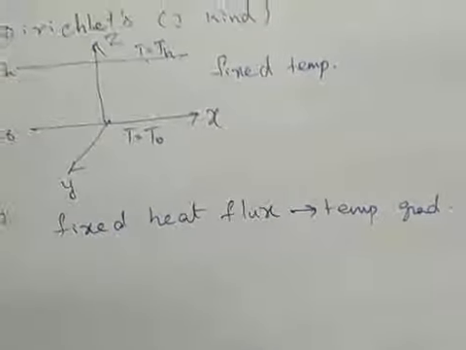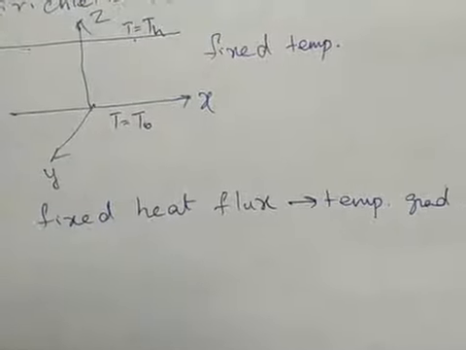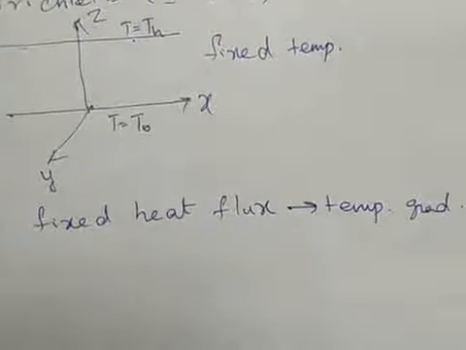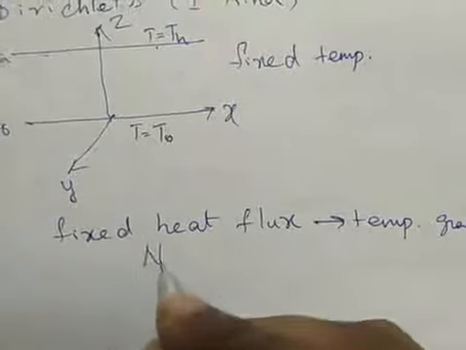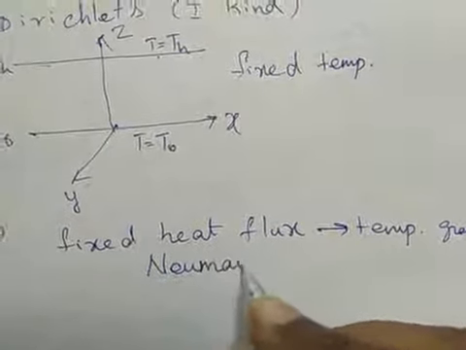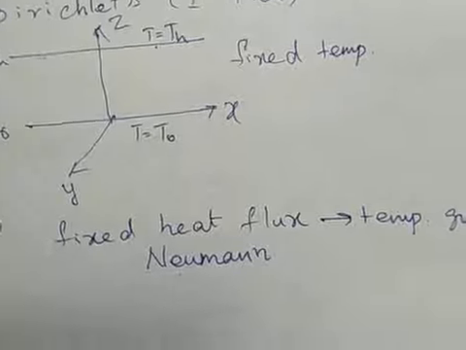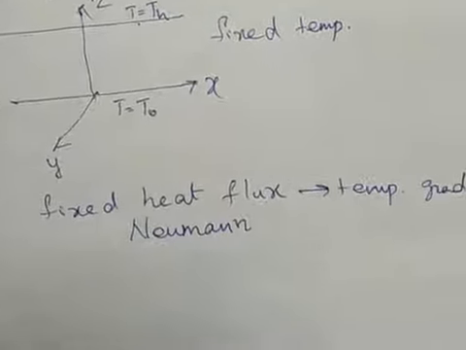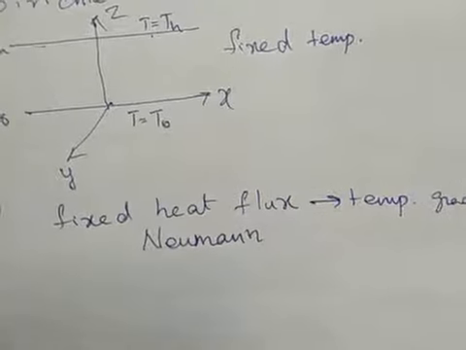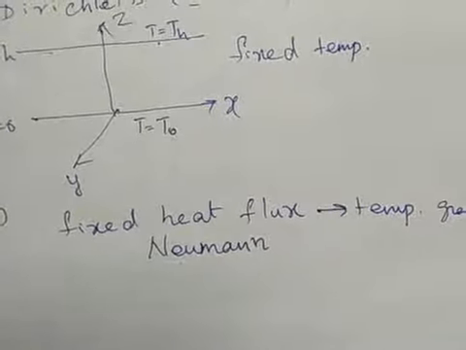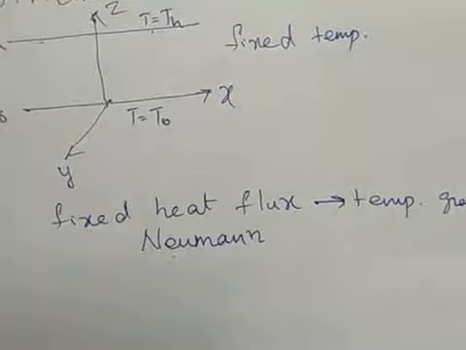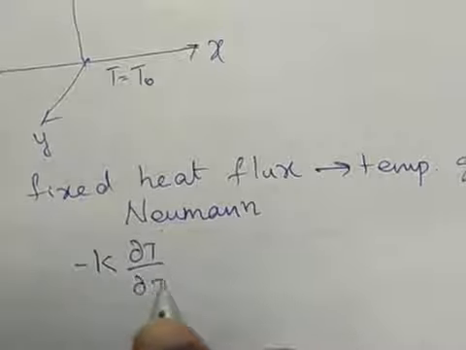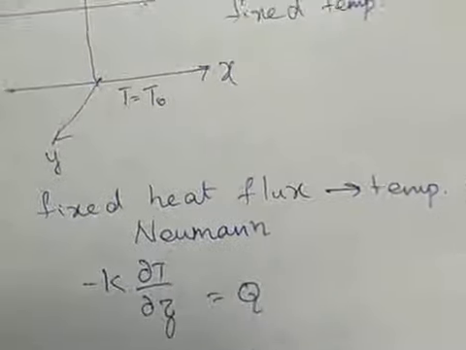So whenever temperature gradient exists, we call such type of boundary condition as Neumann boundary condition. When velocity gradient exists, it is known as Neumann boundary condition for velocity. When temperature gradient exists, such type of boundary condition we call it as Neumann boundary condition for temperature, and it is given by minus k ∂T/∂z equal to q.